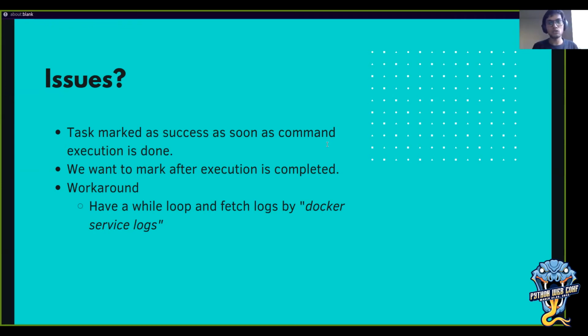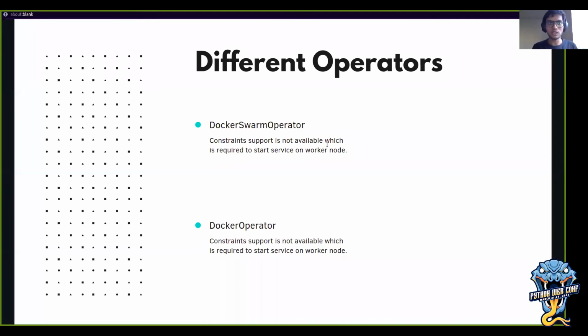implementation. So I dug into it, and there were a couple of operators available. As we are working with Docker Swarm, there are operators available for Docker and also for Docker Swarm. Using the Docker Swarm operator, we can create a service in the Docker Swarm network, and it had some parameters which could do this.